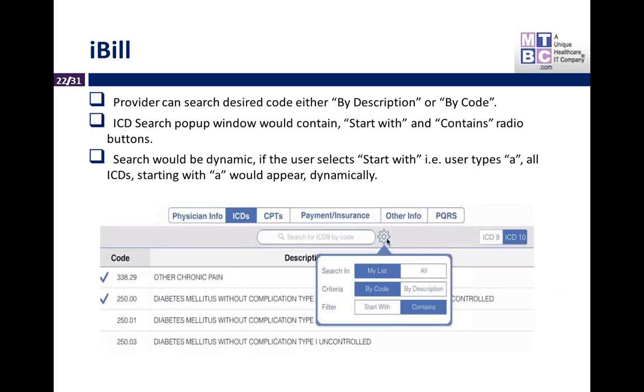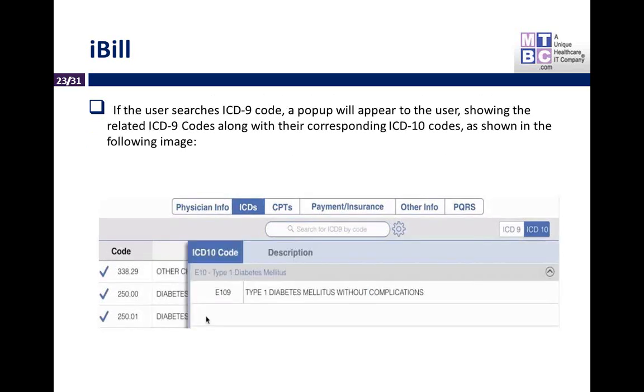For instance, the users can type just the letter A, and all ICDs starting with letter A would appear dynamically. The same goes if the user searches for ICD-9 codes. A pop-up will appear showing the related ICD-9 codes along with their corresponding ICD-10 codes.